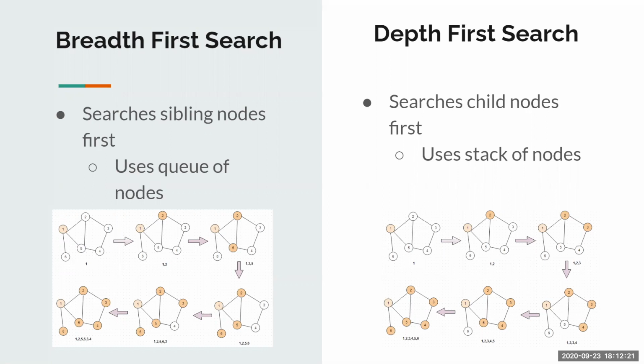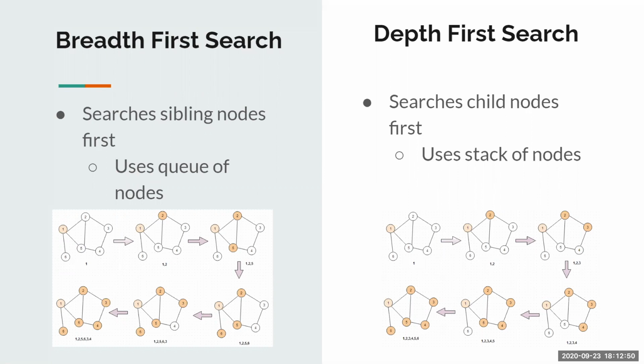In a breadth first search, the search searches sibling nodes first, which means that hierarchically, at your starting point, all its adjacent nodes are sibling nodes to the first node, but nodes that do not touch the first node are not. So a breadth first search will search all of the sibling nodes first. It uses a queue of nodes, so it's first in, first out.